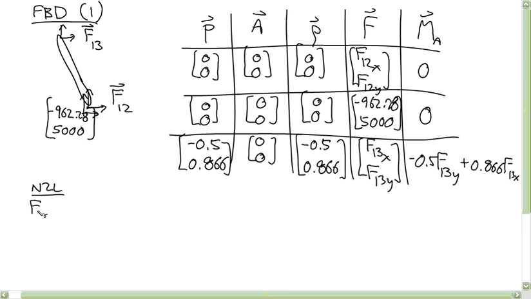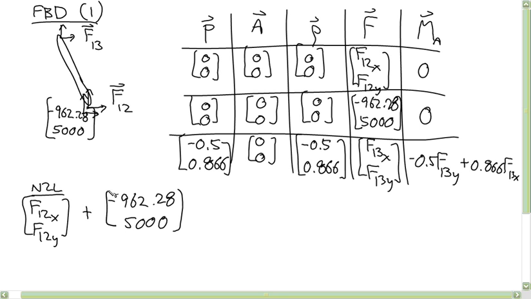So Newton's second law is F12x, F12y plus negative 962, 5,000 plus F13x, F13y is equal to zeros.